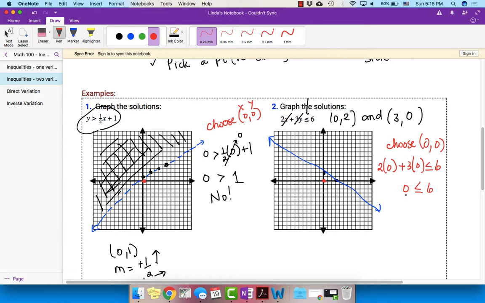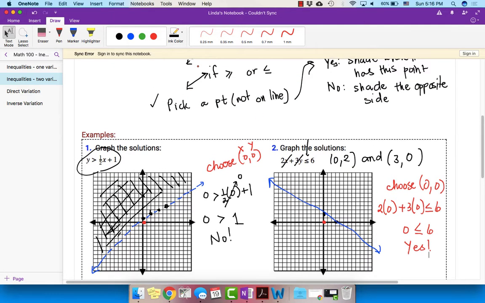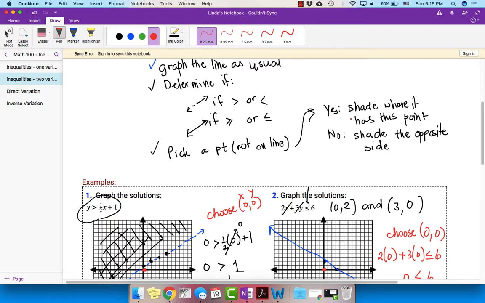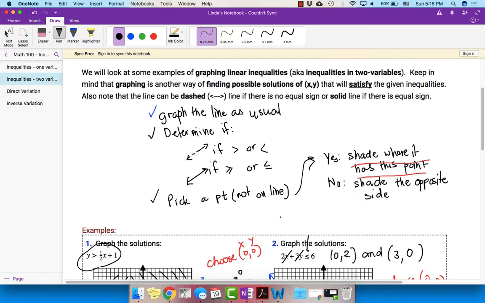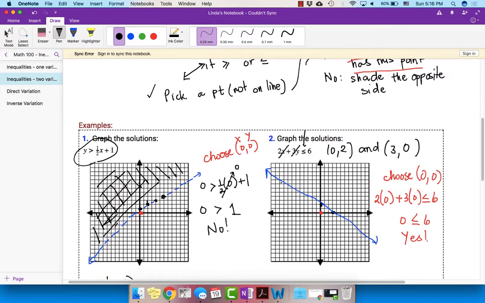Is 0 less than or equal to 6? My answer is yes. When I answer yes, that means I'm going to shade the side that has the point that I chose, the side that has the 0, 0 on it.